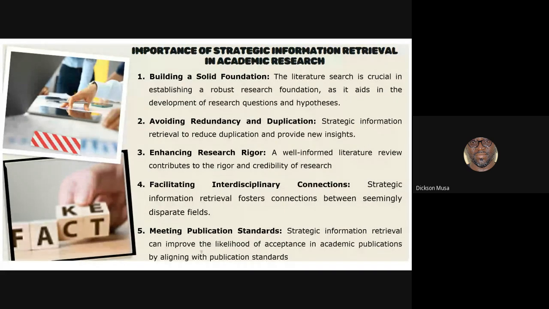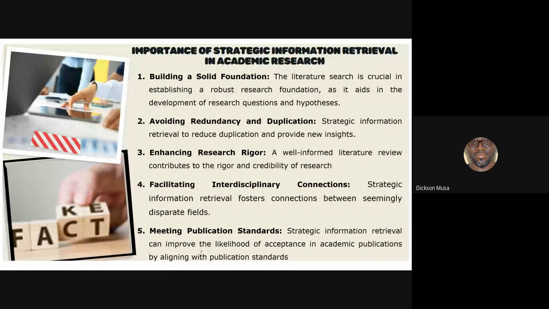Having understood these challenges, the next thing is to know how to do strategic information retrieval in academic research and why it is important. It is important because it helps build a solid foundation. The literature search is crucial in establishing a robust research foundation as it aids in the development of research questions and hypotheses.